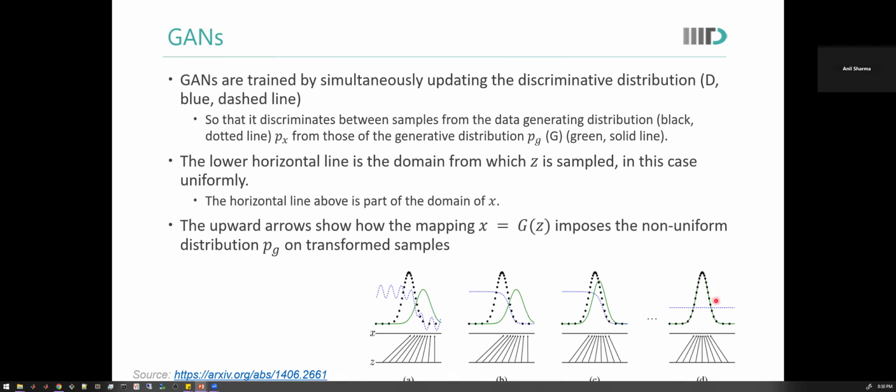At the end of training, it matches the original input data distribution, and the discriminator says both distributions are real. That means the generator succeeded in generating the data distribution correctly, and the discriminator is fooled.